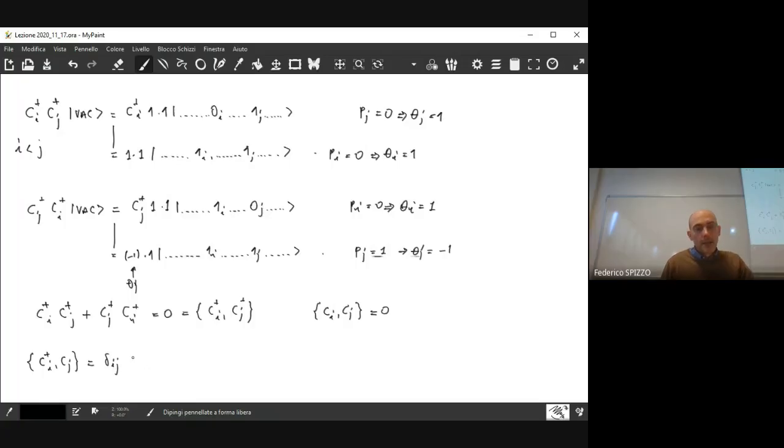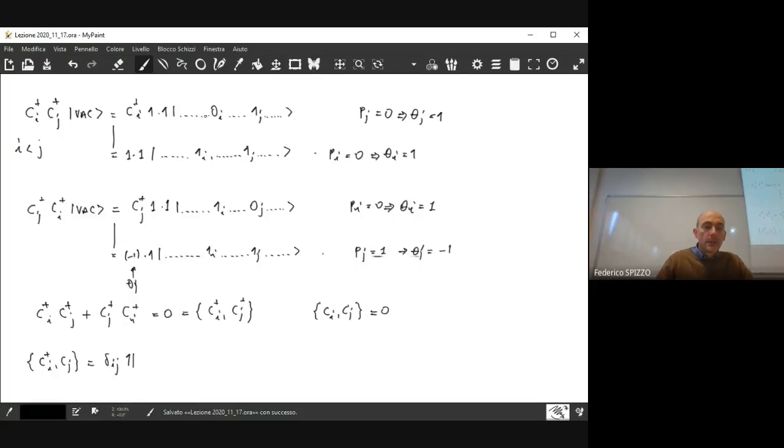So this is a Kronecker delta. To be more precise, I should write Kronecker delta times identity, so that the Kronecker delta at the end represents an operator. So this is 0 when level I and level J are not the same level, and is different from 0 when I and J correspond to exactly the same level.